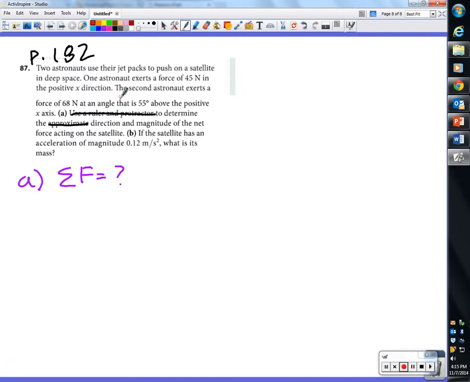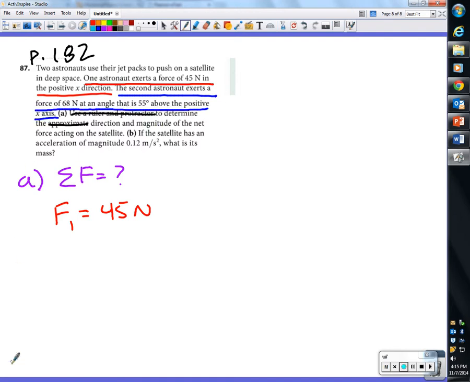2 things that we know here. One astronaut exerts a force of 45 newtons in a positive x direction. The second astronaut exerts a force of 68 newtons at an angle that is 55 degrees above the positive x-axis.